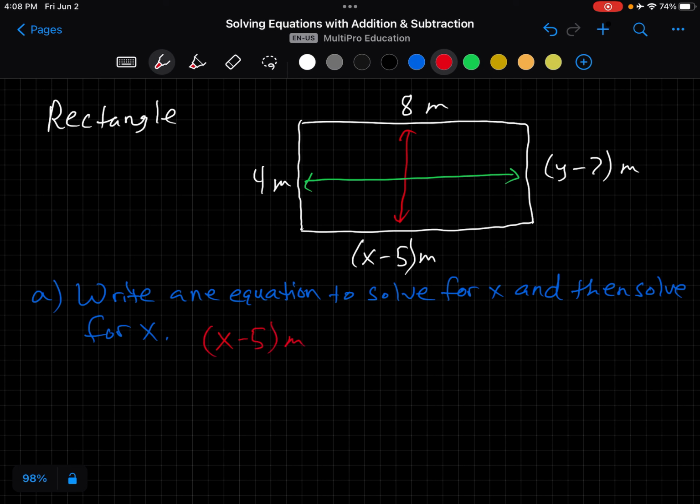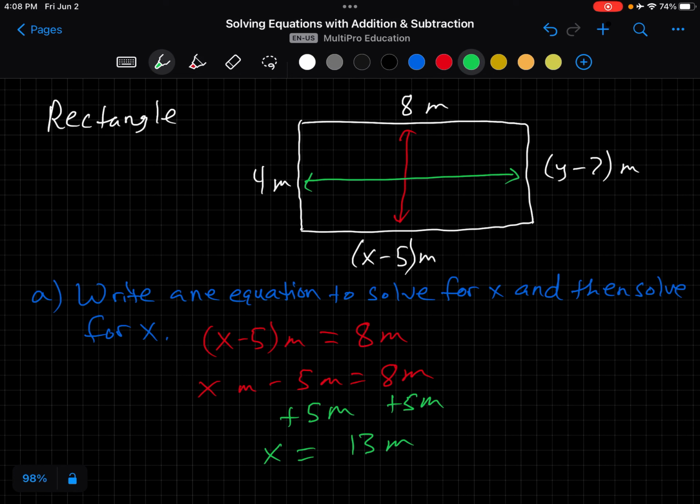Let's say that we have x minus 5 meters is equal to 8 meters. So x in meters minus 5 meters is equal to 8 meters. Let's add 5 meters to each side. And if we do that, we find out that x is equal to 13 meters.